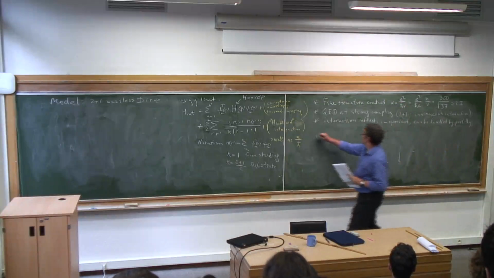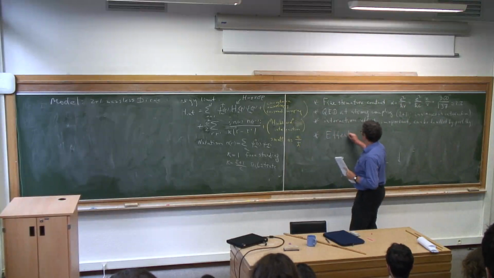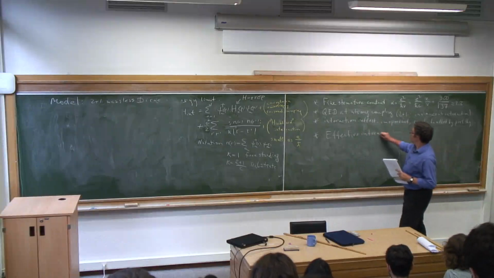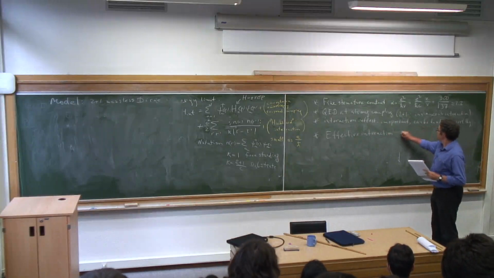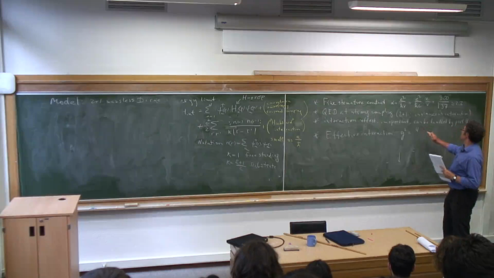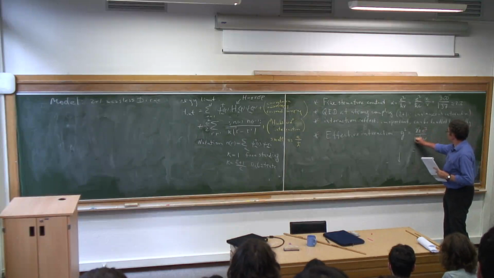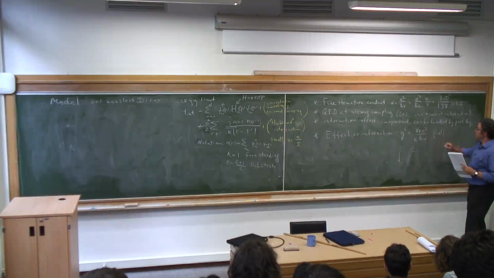So if I write an effective interaction, what I typically find is that it's 2 pi e square over h v, and there is kappa, and also sometimes there is n, the number of flavors.